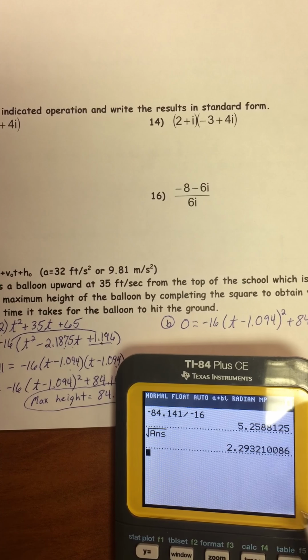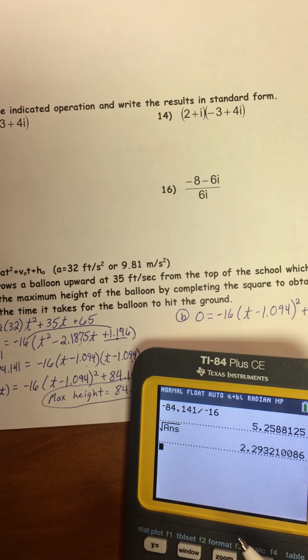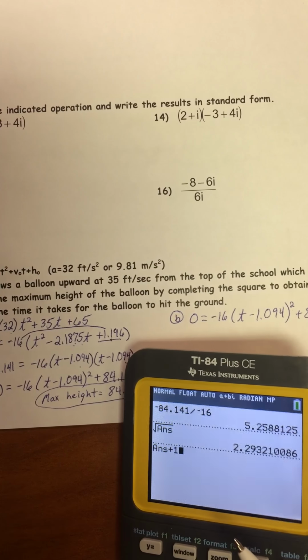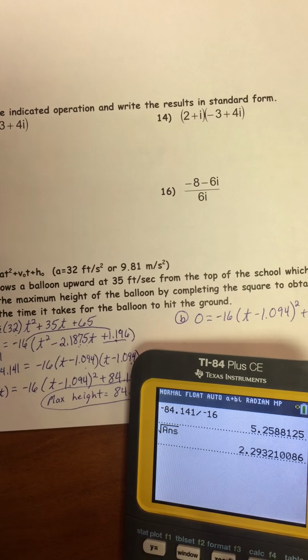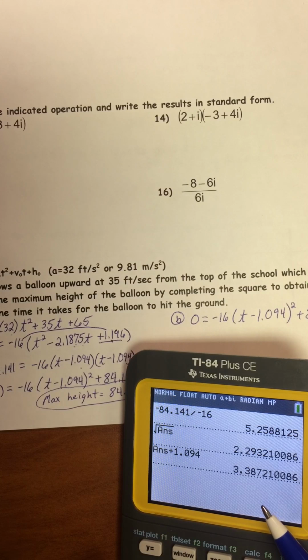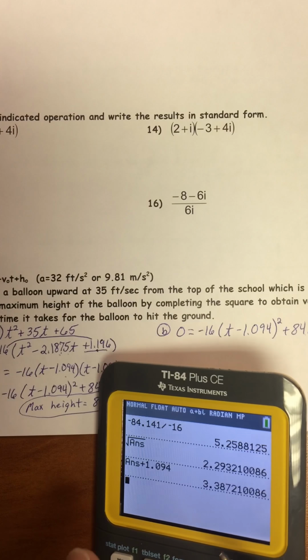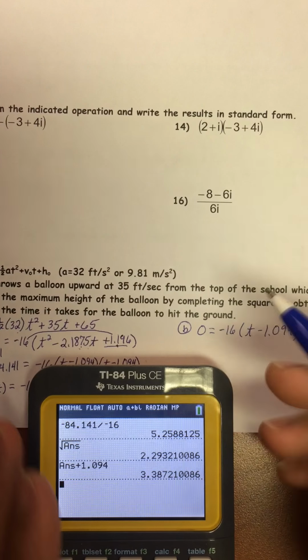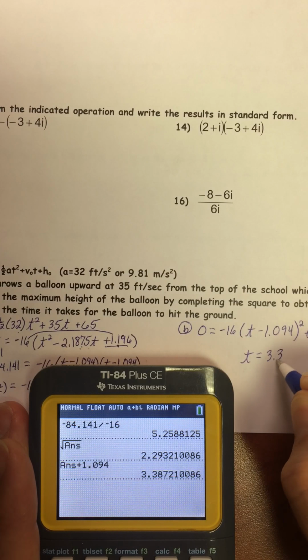So I'm just going to ignore the plus or minus. And then I'm going to add the 1.094 to that, and there's my answer: 3.387 seconds. And that is the problem. That's all we had to do.